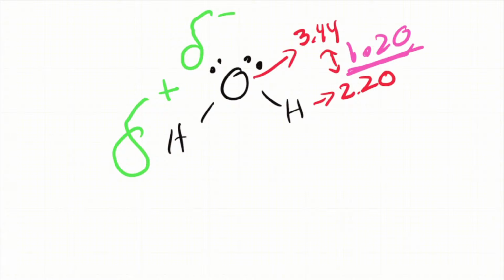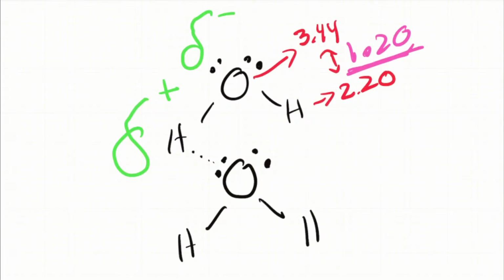This is so big that when we have another molecule of water nearby, there's actually even a partial bond. I do it as a dotted line. Water is so attracted to this other hydrogen that the forces between water molecules are starting to verge on the level of interaction of a bond, which is stronger than these intermolecular forces are.